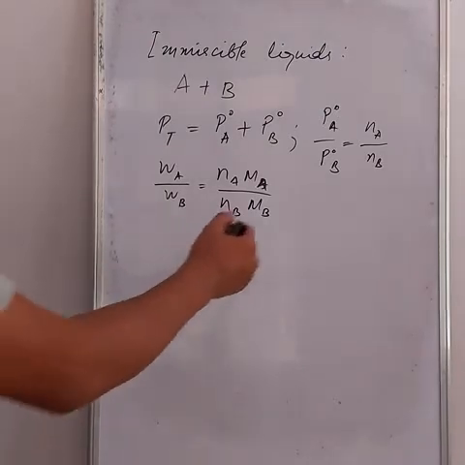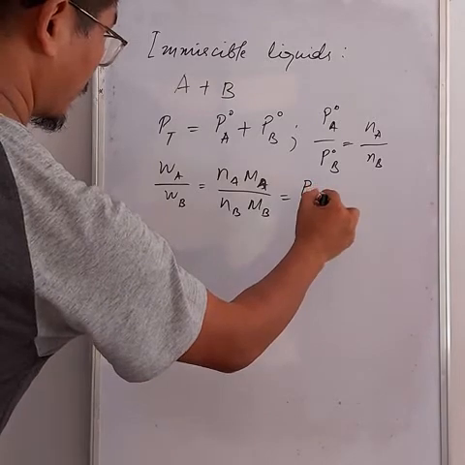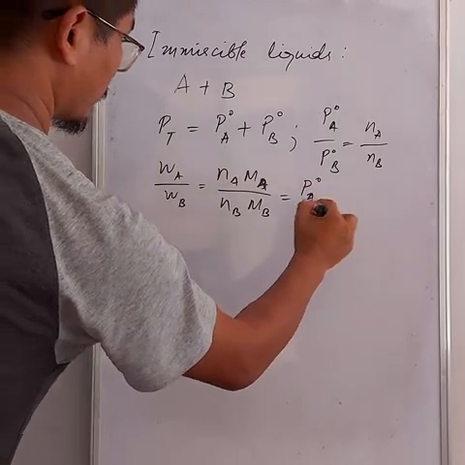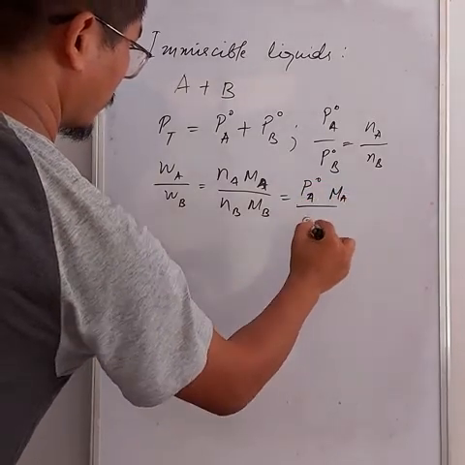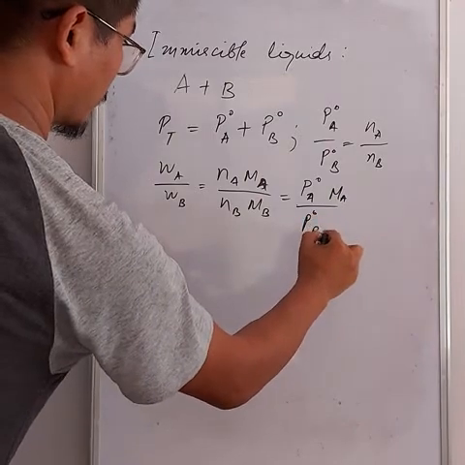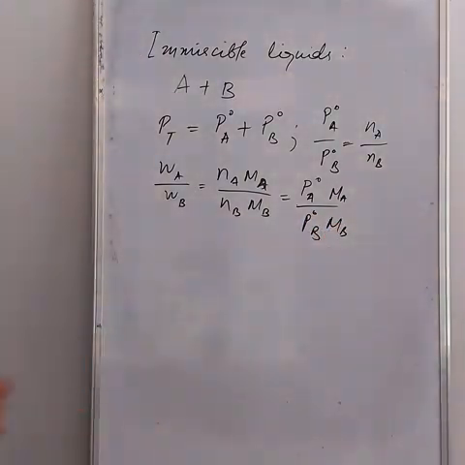So now we can relate it to the vapor pressure as well. P naught A MA over P naught B MB. So that's how they're related.